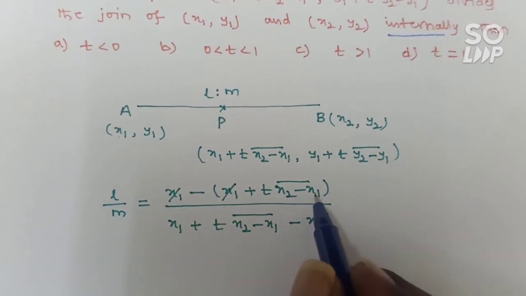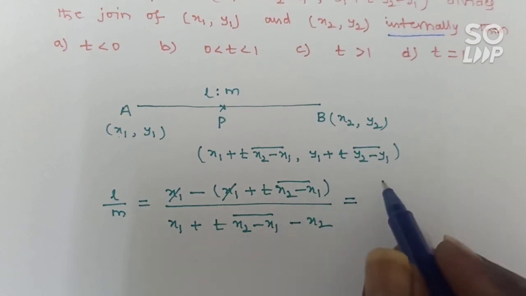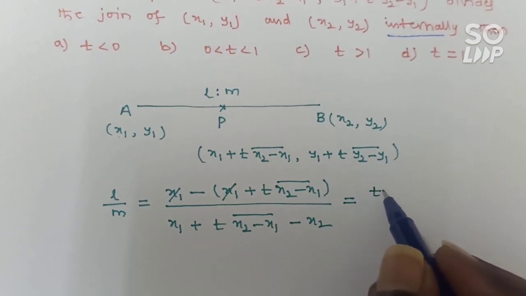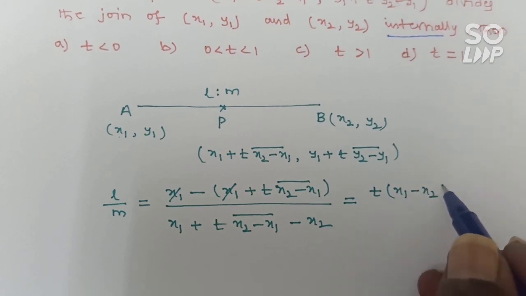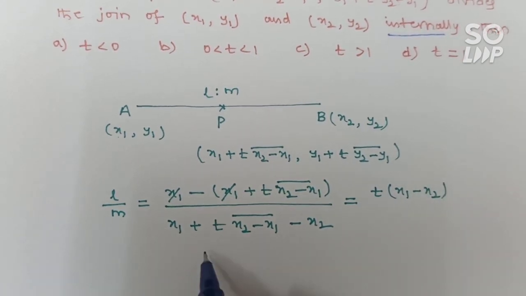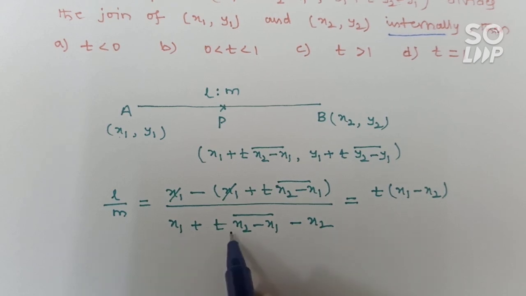Now in this one you take minus common. This value will be t into x1 minus x2. This is the numerator value. Next in the denominator, you can take x1 and next minus t into x1.